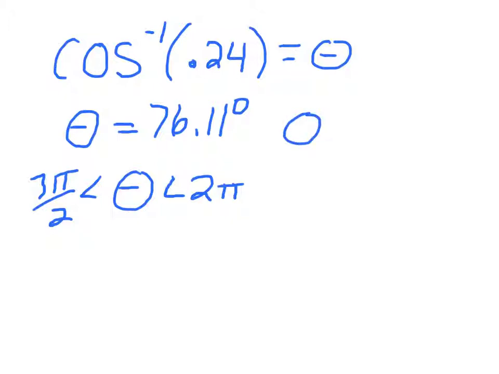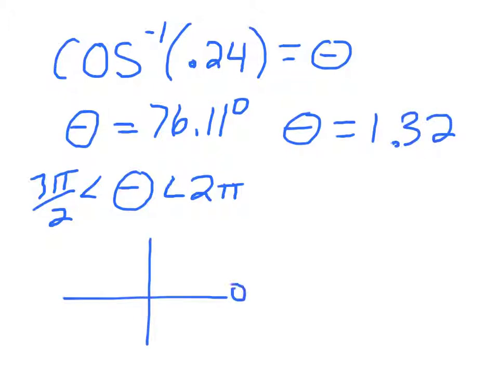So theta is 1.32, but if you think about radians, this is 0, pi is 3.14, 3/2 pi is about 4.71, and 2 pi is 6.28.